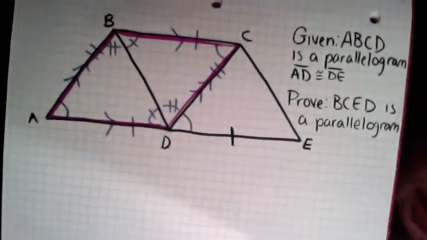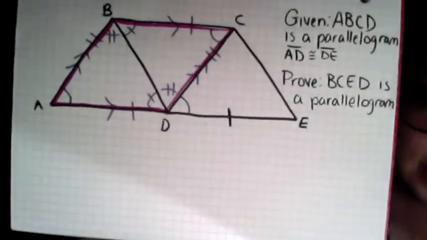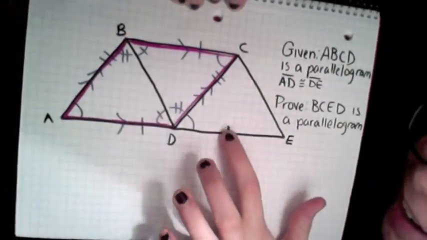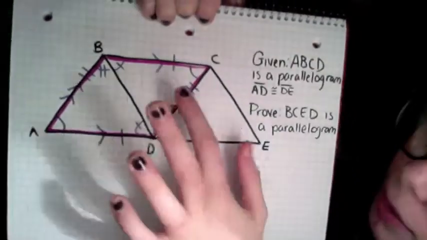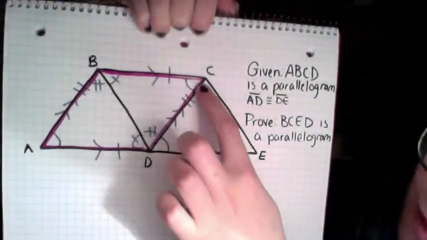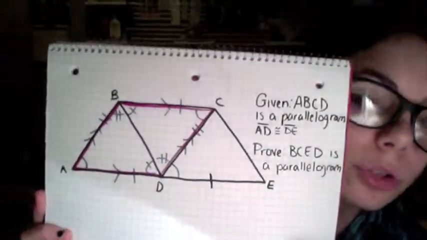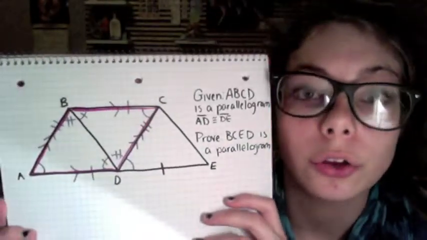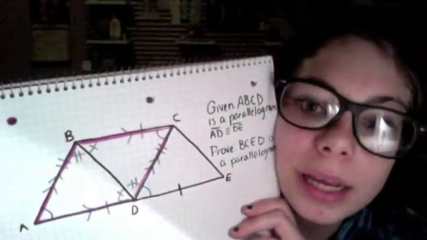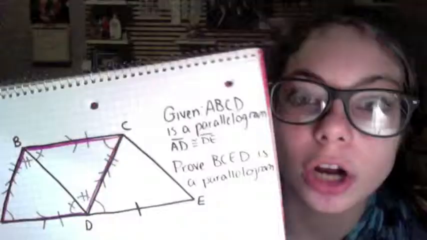Whoa, whoa, whoa, wait. As you can see, side, angle, side, side, angle, side. If I remember correctly, that means that these two triangles are congruent. If those two triangles are congruent, then that must mean corresponding parts.